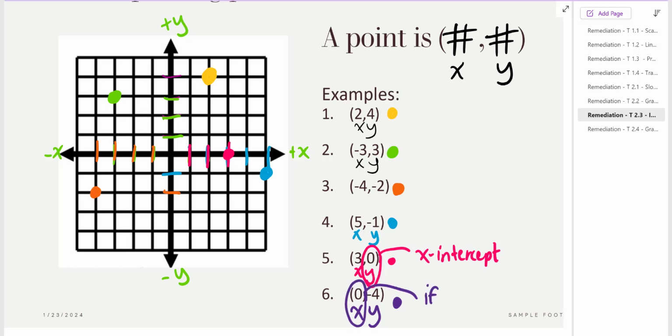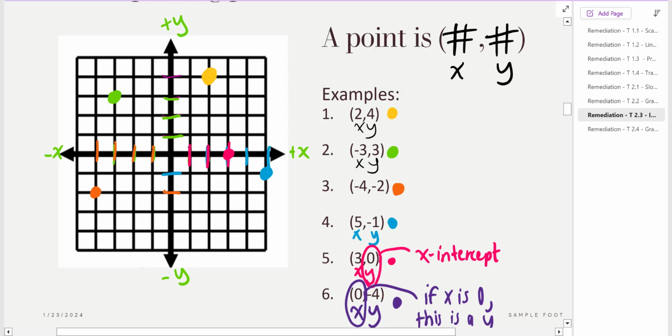So if x is 0, this is a y-intercept. So that would be negative 1, negative 2, negative 3, negative 4. And that's how you graph points.